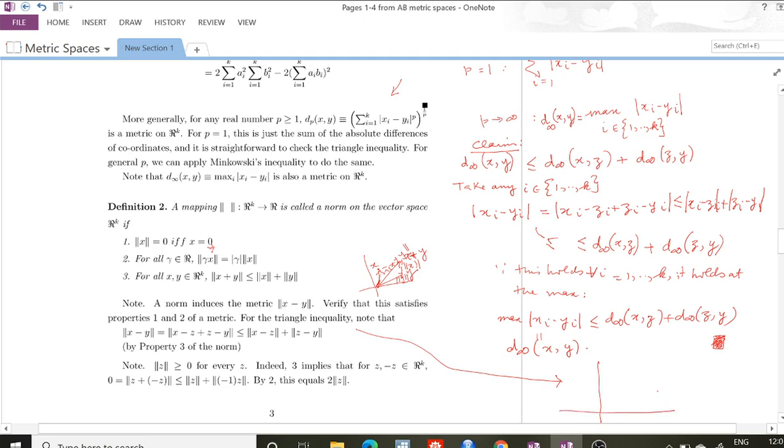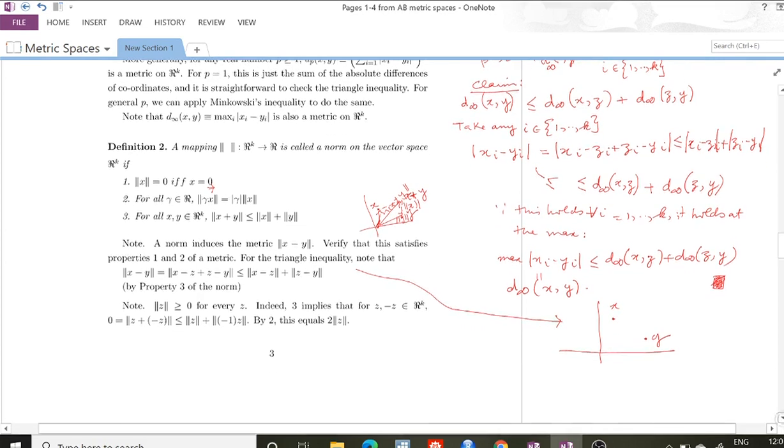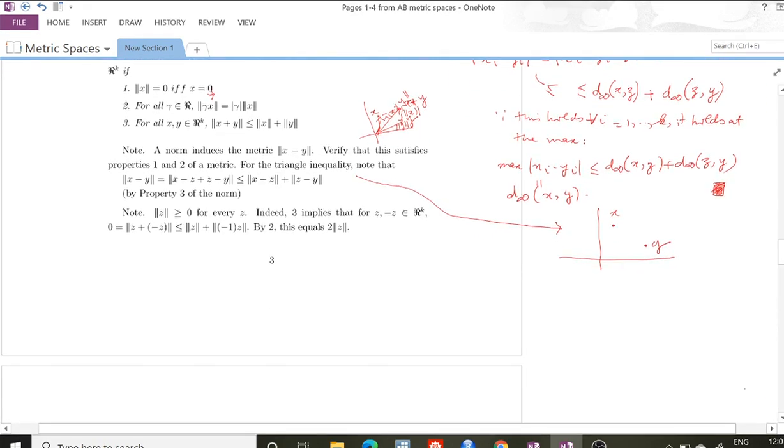suppose we have a vector space and we take any two vectors x and y, right? So what we've done first is we've endowed this vector space with some norm, so we know how to measure distances of these two vectors from the origin. Okay, so this is norm y, that's norm x, right?